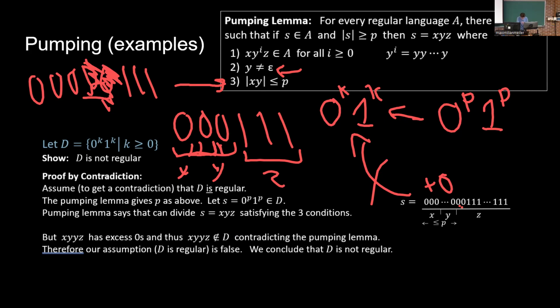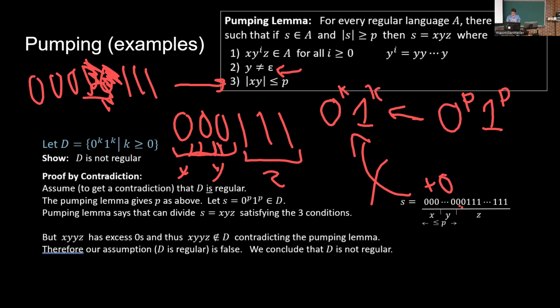I'll pull up the slides, hold on. But I'm fairly certain it is just... Okay, actually, we just need to look at the definition of the pumping lemma to resolve this.